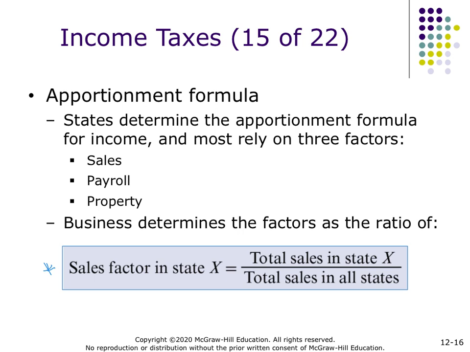That might be very advantageous because, say, one of the states you have nexus in is Florida, and Florida did not have a corporate income tax. Well, you would want to fairly apportion your Florida-related business income to Florida, and get it out of other states that did have a corporate income tax. Obviously, not all states have the same corporate income tax rate.